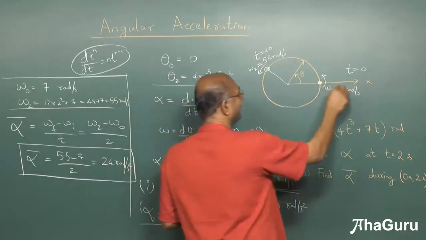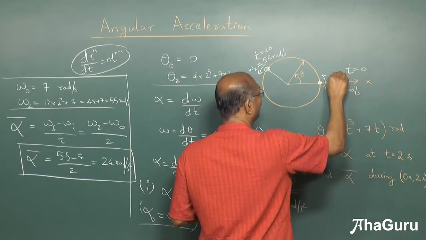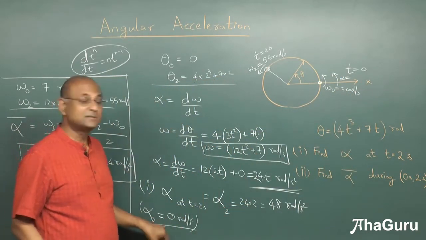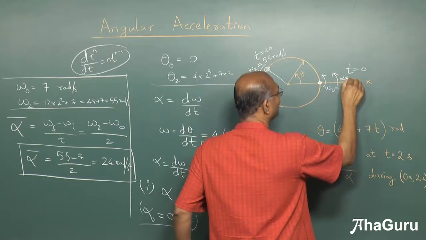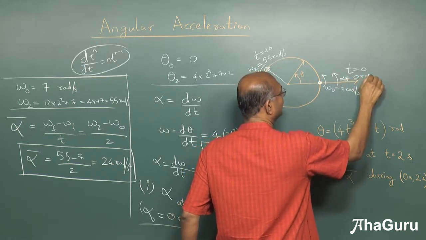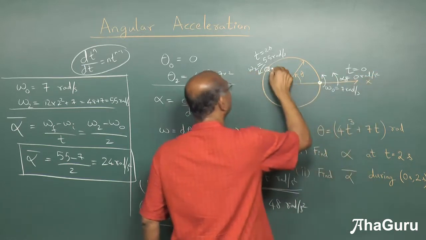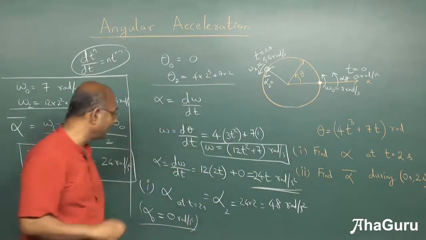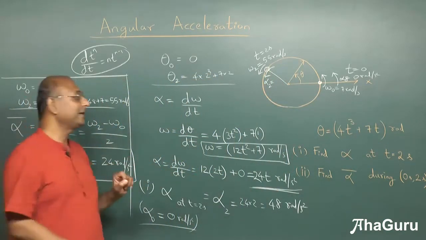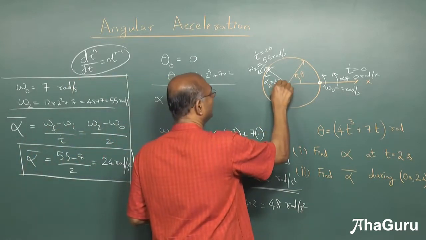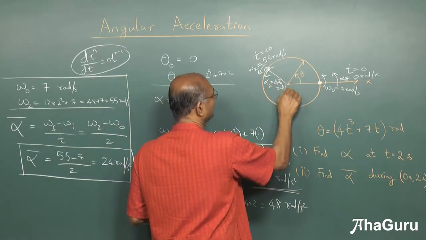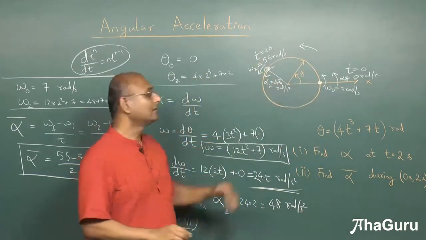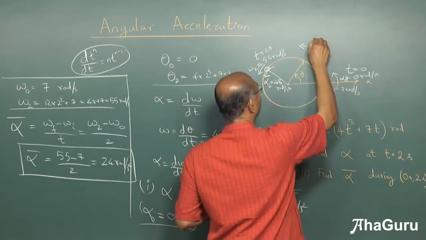And what was alpha naught? 0 radians per second square. At this point, alpha 2, the instantaneous alpha, was 48 radians per second square.